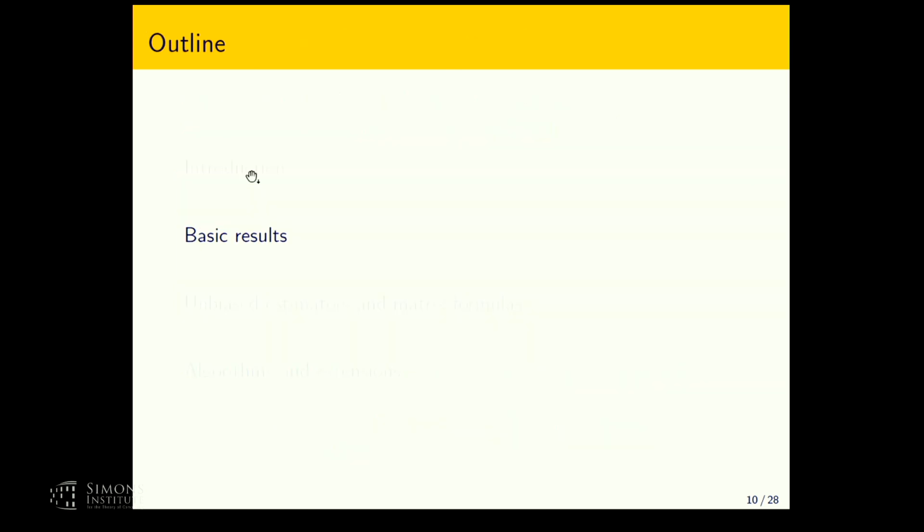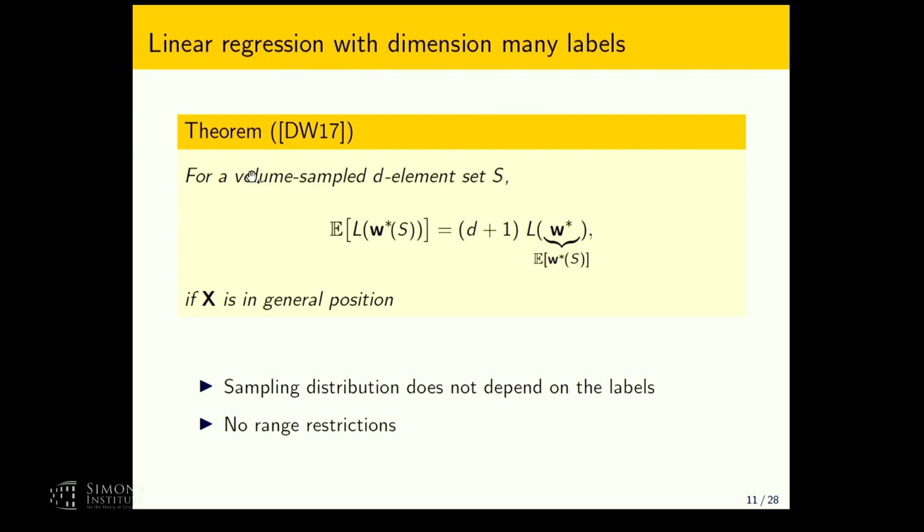Okay, so how does the result for the one-dimensional case generalize to d dimensions? We showed that if we volume sample a d-element set S in the regression problem discussed earlier, we get d points, we receive the d labels, we compute w star of S. The expected total loss on the whole data set of that estimator will be exactly equal to d plus 1 times the loss of the best.